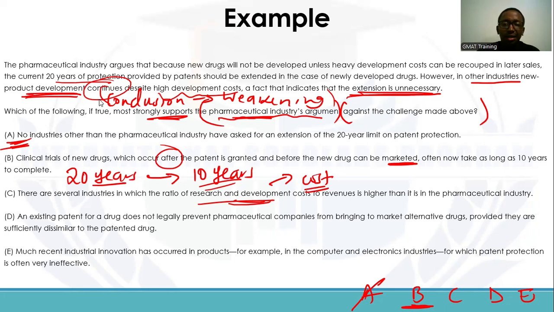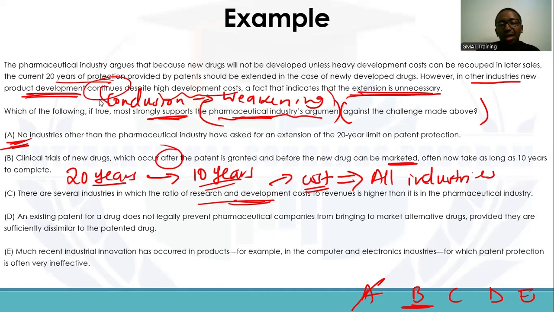And does it have an impact? No, not really. Even if it's talking about cost, it doesn't have an impact on our conclusion because it's insinuating that all industries must have the same costs. So what we are actually dealing with is the intricacies of one industry versus the rest.